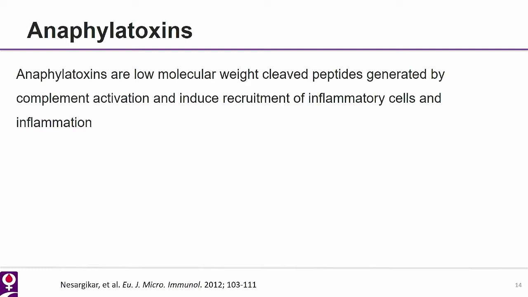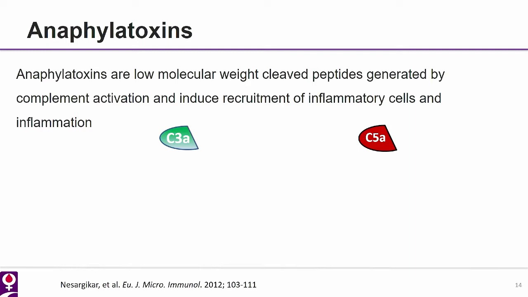Now I will be talking about the anaphylatoxins because these are important mediators of complement function. Anaphylatoxins are low molecular weight cleaved peptides generated by complement activation, and they induce recruitment of inflammatory cells and inflammation. C3a is formed by the cleavage of C3 by C3 convertase, and C5a is formed by the C5 convertase.